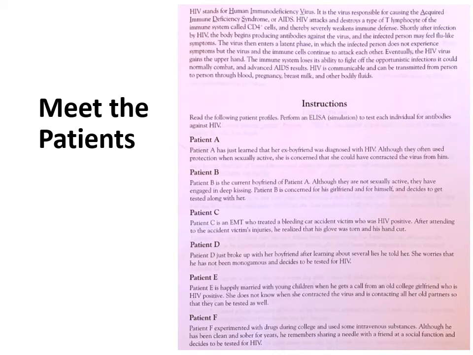So these are all of the scenarios I want you to keep in mind. Look back at these to remind yourself later on in the experiment, once you figure out which patients are positive and negative, really look at the activities and what happened. But in reality, technically, any of these people could have gotten infected.